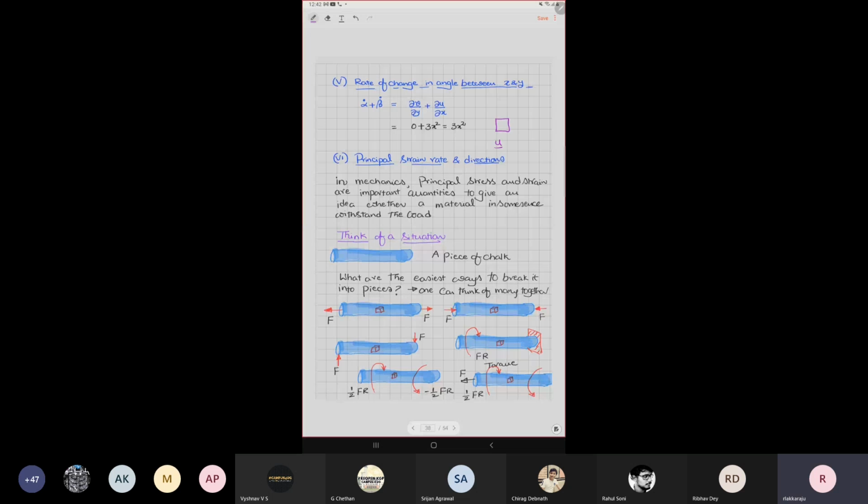The rate of change of angle between X and Y is basically: this one changes to that, and this one changes to that, and this one plus this one, alpha dot plus beta dot, which from our notes we can see is del V by del Y plus del U by del X. Based on the velocity field, whatever it is given, we differentiate it to calculate the rate of change of that angle.